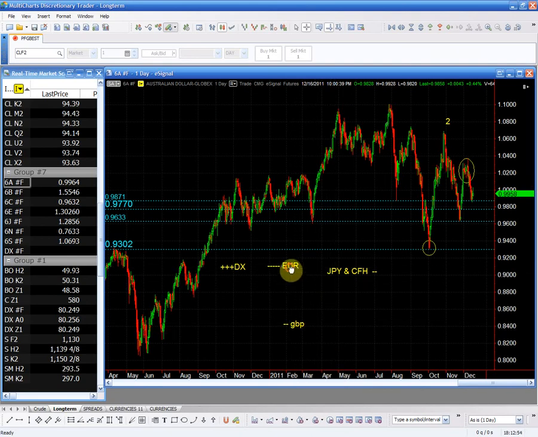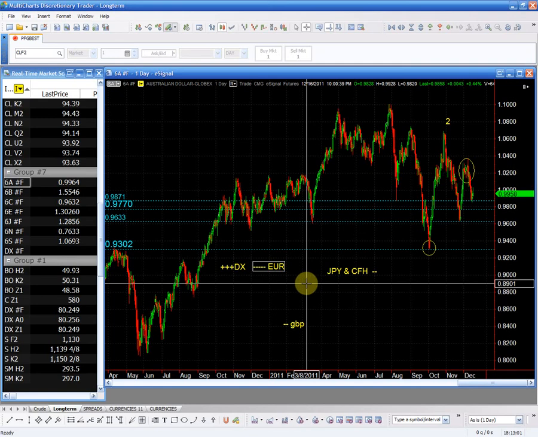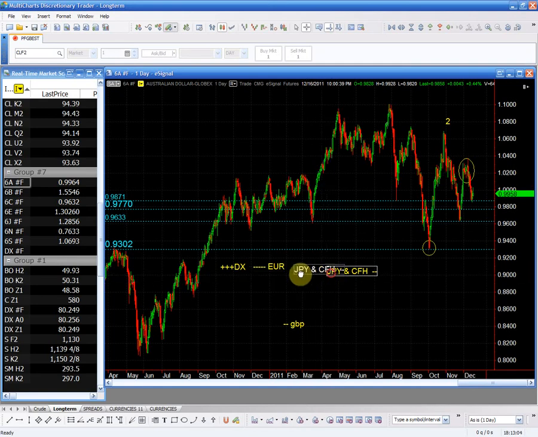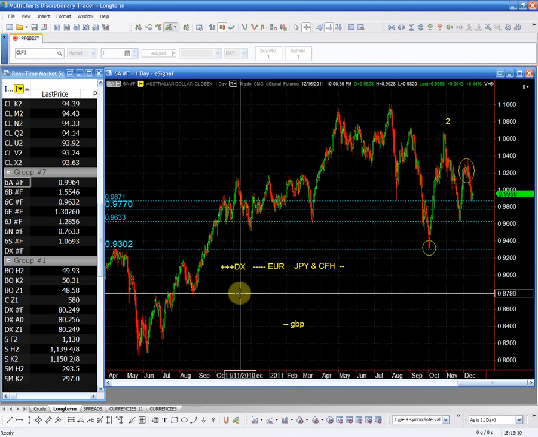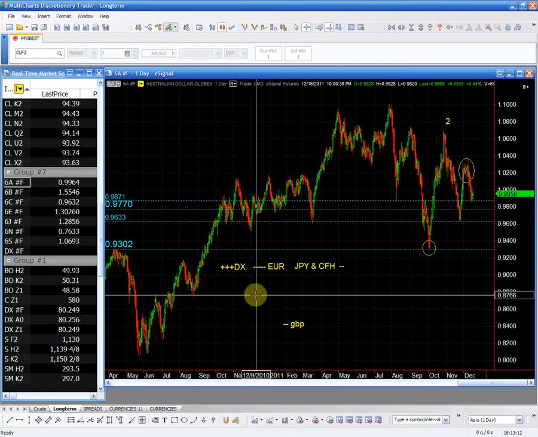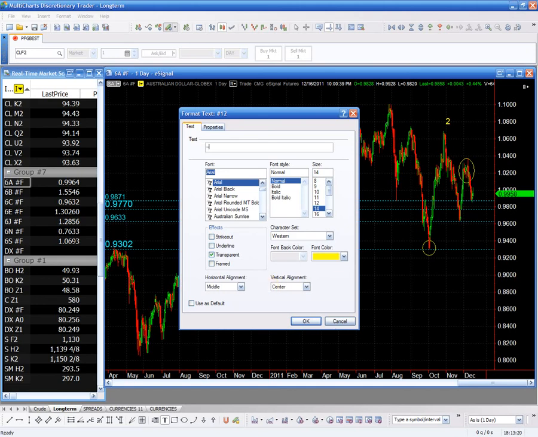So the first choice will be the euro dollar. We'll be taking the dollar long, and the euro dollar short. We can look at taking the dollar yen and the dollar Swiss, and we should be looking at selling the Canadian, because the Canadian is technically the weakest chart, and we can also look at the Australian, which is not as weak as the CAD.